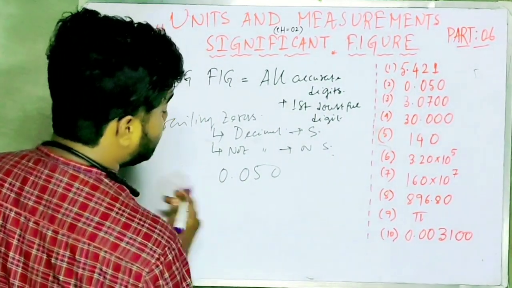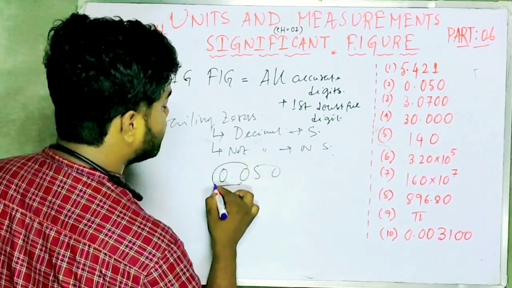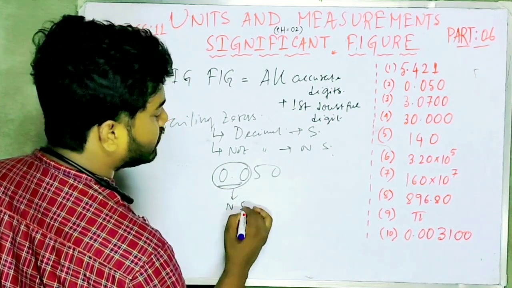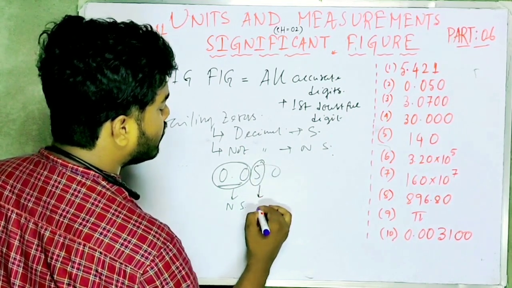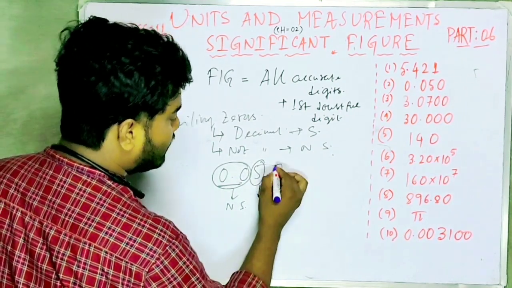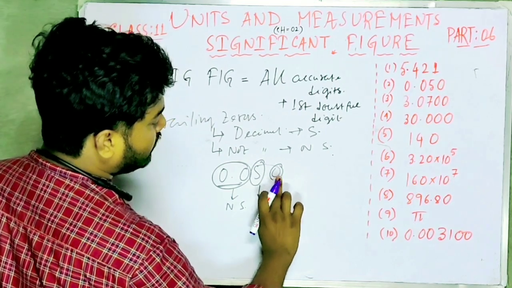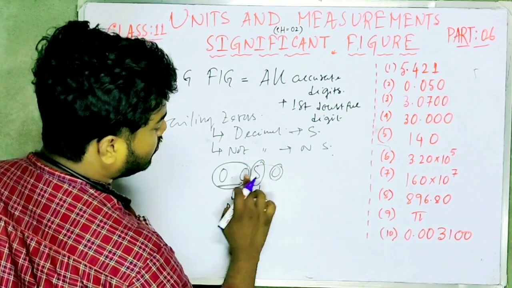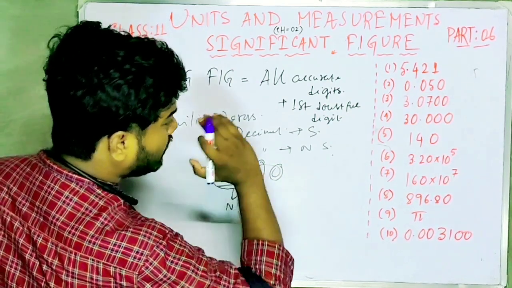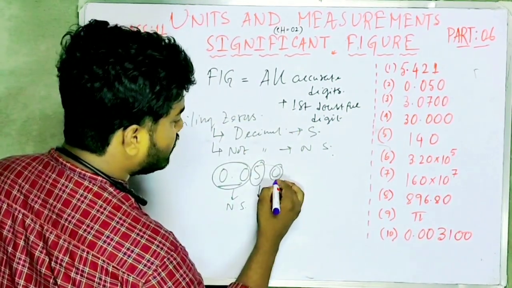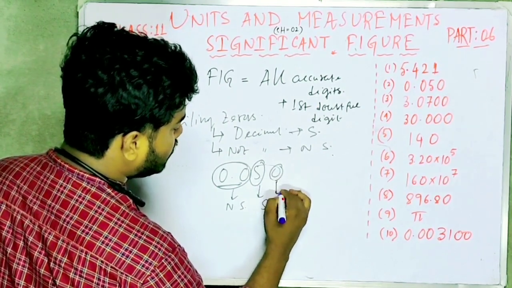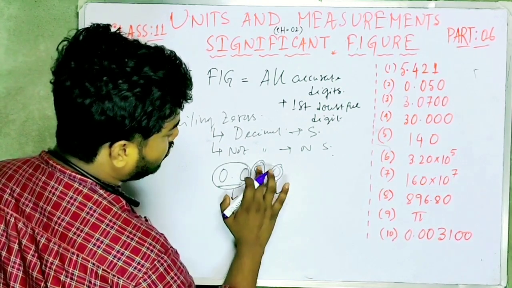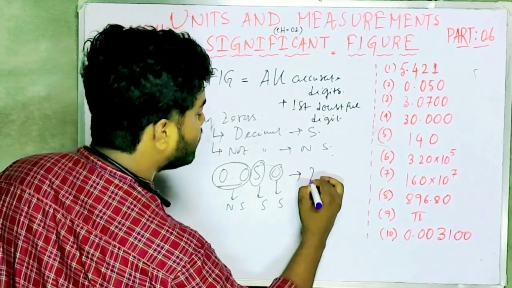Here 0.0 is the leading zero, and the leading zero is never significant. 5 is non-zero, that is significant, and this 0, mind it, this 0 is after the decimal point and is the ending zero, and an ending zero after the decimal point is significant. So this 0 is significant. So the leading zeros are not significant, then 5 significant, 0 significant, that is 1 and 2. Here the significant figures are 2.